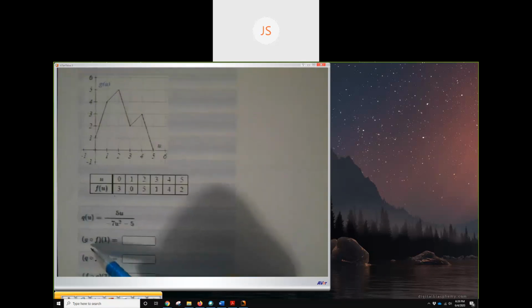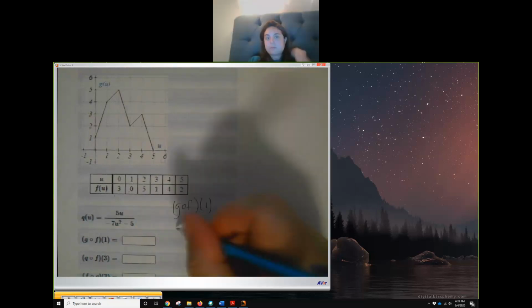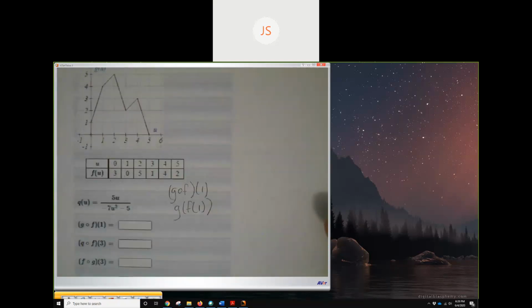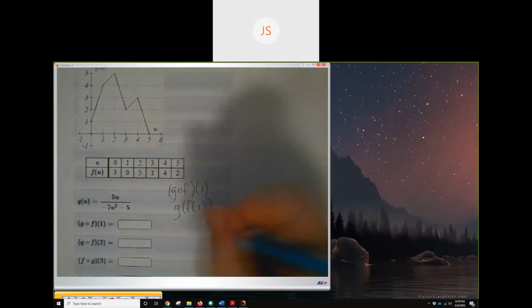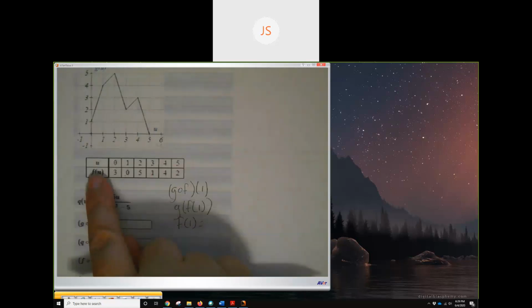So G open circle F of 1 is the same as saying G of F of 1, like that. So the first thing I need to do is find F of 1. Now, F is my table. So when U is 1, F of U is 0.